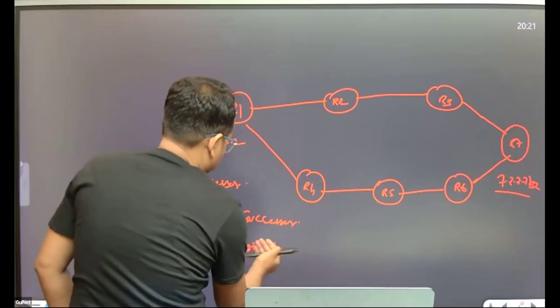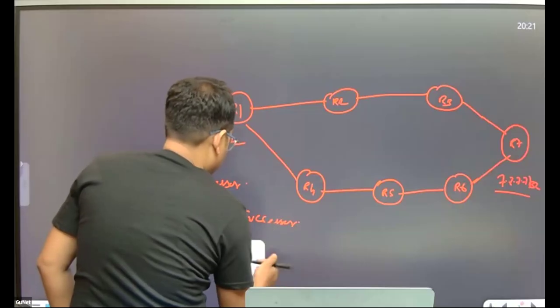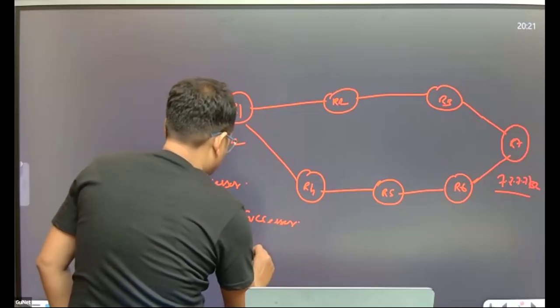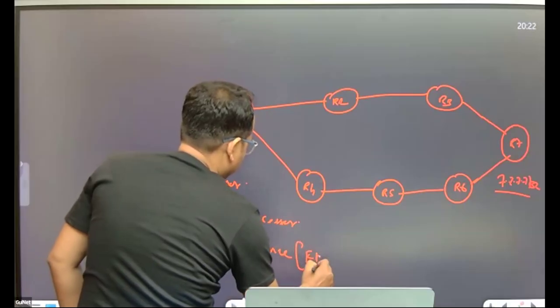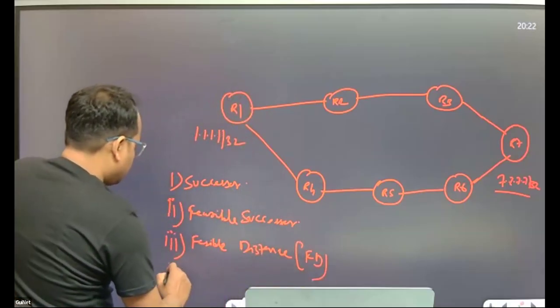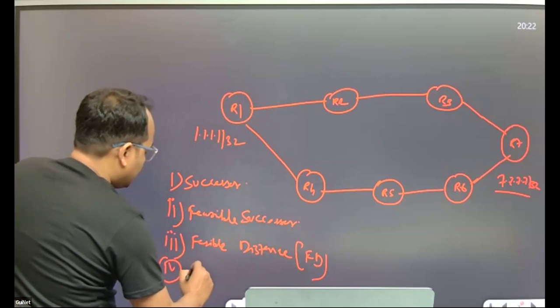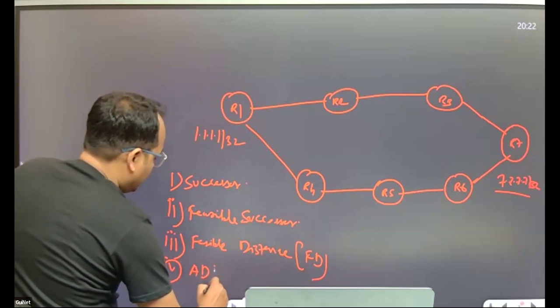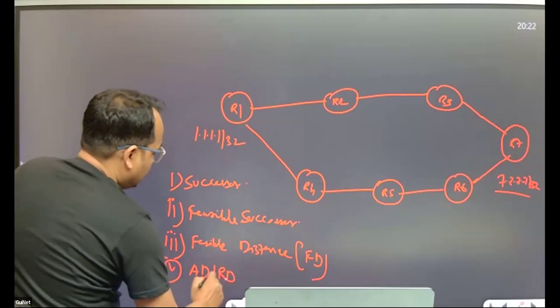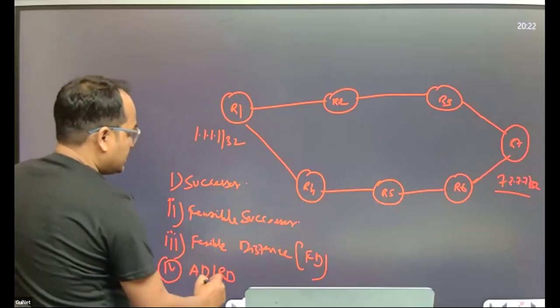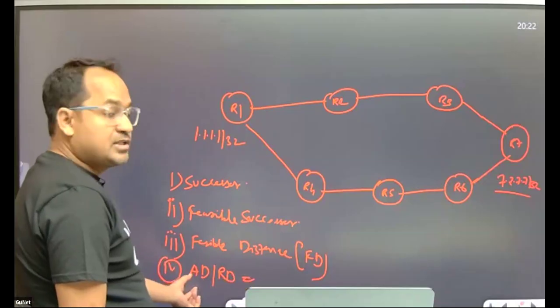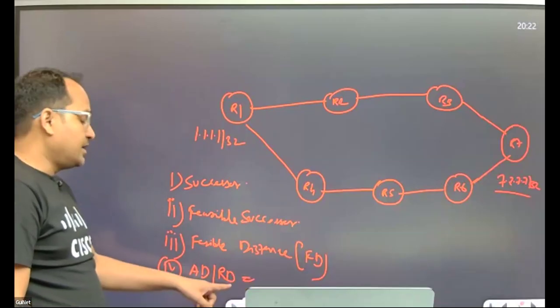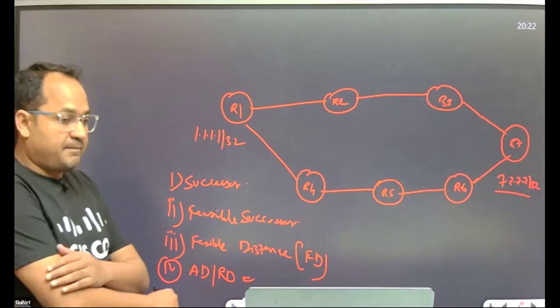This is known as the FD. Also they use the term AD, or it is known as the RD. AD is equal to advertised distance, RD is equal to reported distance. So you guys just note it.